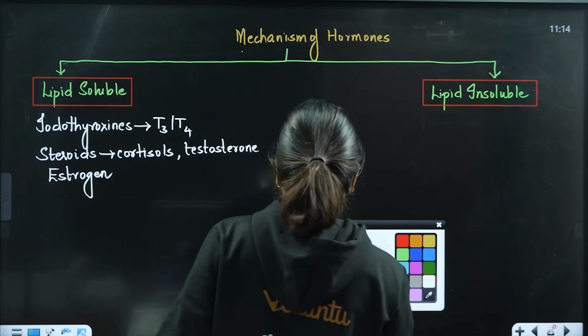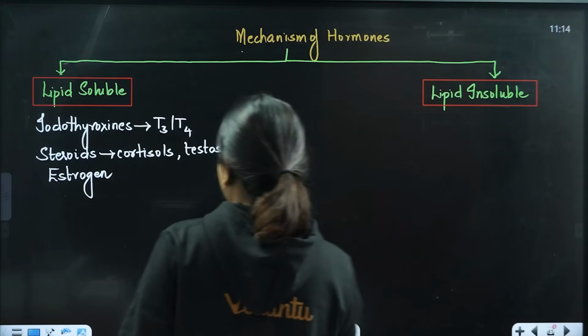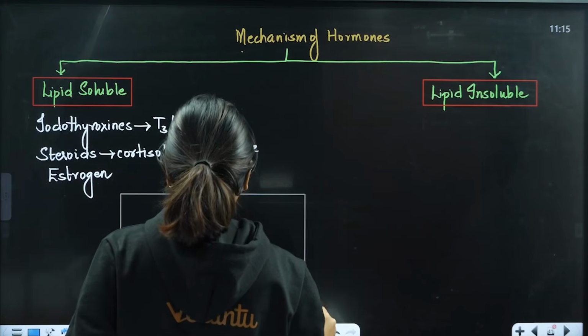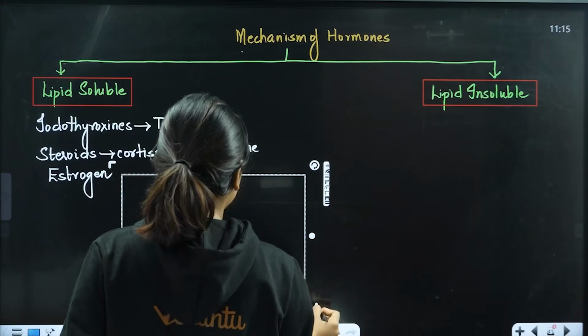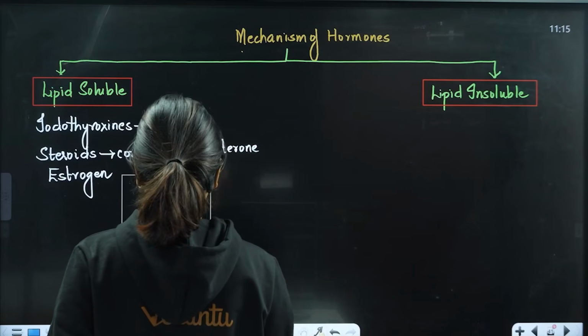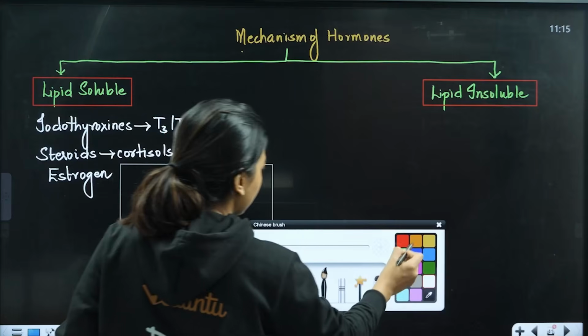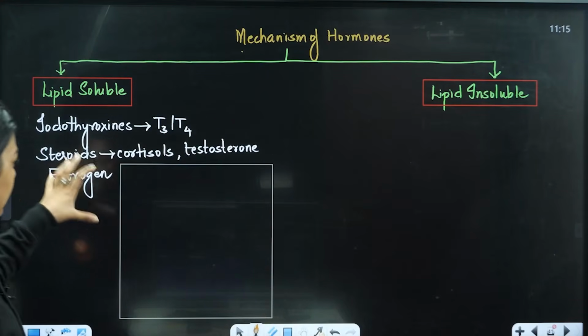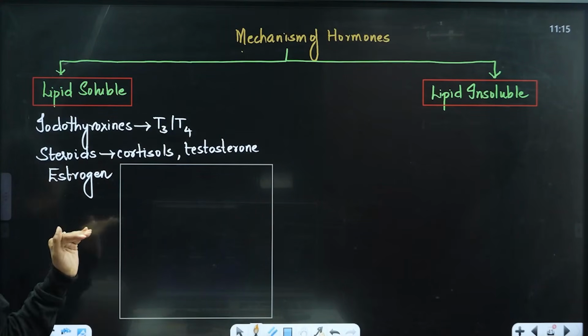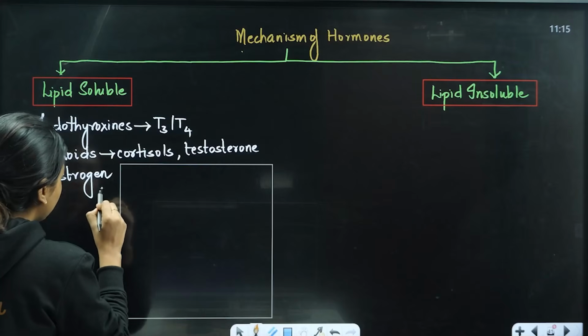Normally, the machinery is going to be like this. Now just imagine any of the enzymes wants to enter inside. This is your hormone.